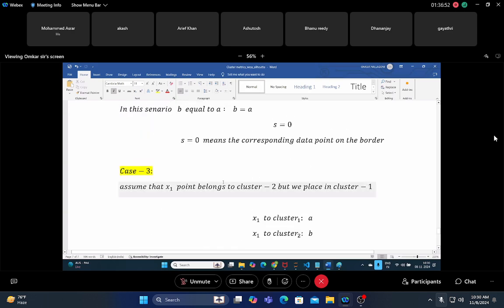X1 belongs to cluster 2, but we place it in another cluster.